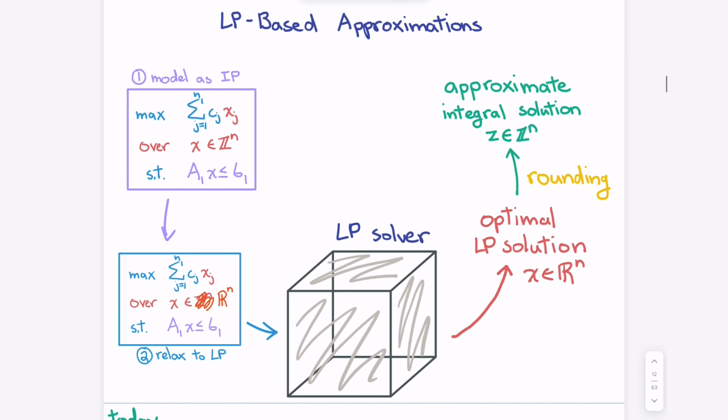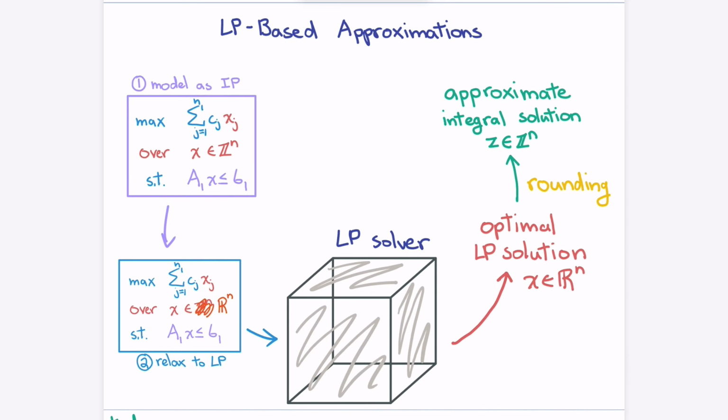So this is the general recipe. You take your favorite problem, you write down an integer program. This is usually not too hard; the variables just correspond to yes/no decisions, things like this. You have to do this, you have to do that. That might be a covering constraint, something like this. You just relax it to an LP and put it into your black box. It gives you some continuous solution.